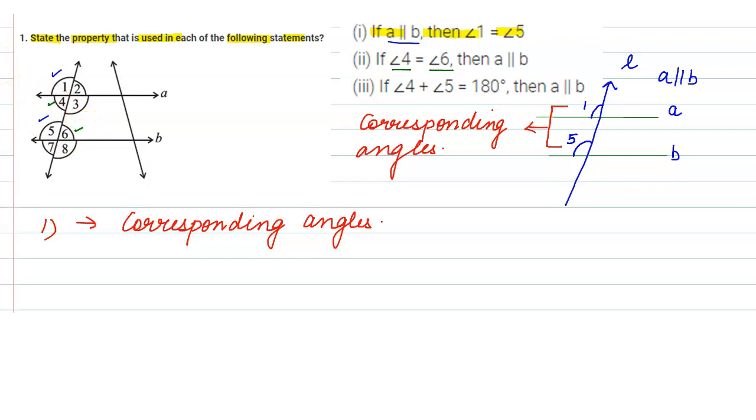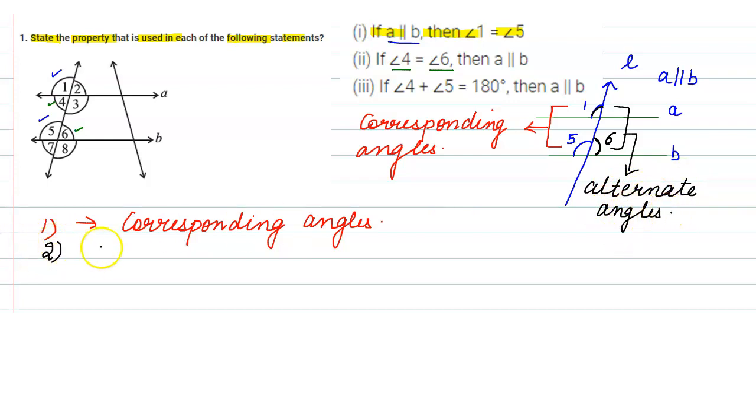Whenever we have two parallel lines which are intersected by a transversal, then these two angles which are on the opposite sides of the transversal are equal. So angle 1 and angle 6, these are equal and these are alternate angles. These type of angles are known as alternate angles. Also these are alternate interior angles, right?